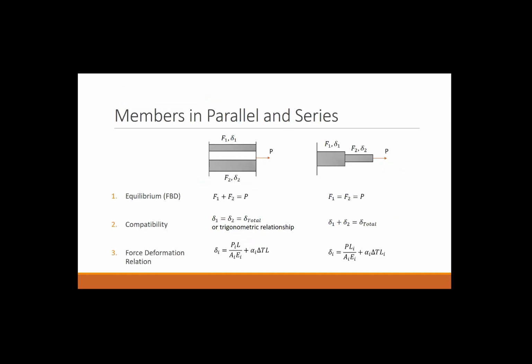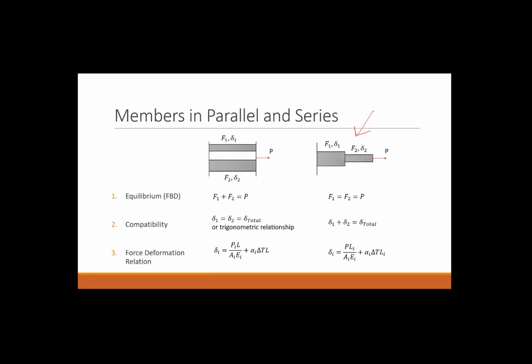There are two major types of configurations for axially loaded members. One is placing them in parallel and applying a load P to those two parallel members, and the other is series. So when I said that you calculate the displacements of each segment and then you add them together, I was referring here to this series situation.